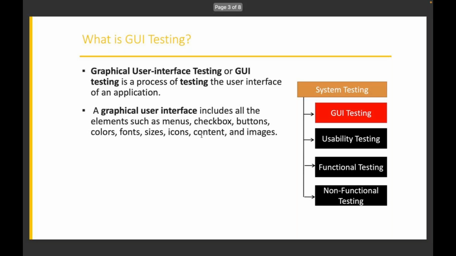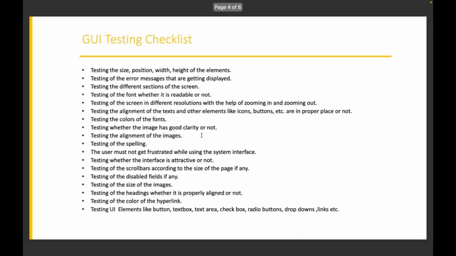GUI is the UI part, so all the checkboxes, buttons, menus, fonts will be covered in GUI, guys. The look and feel, the layout of buttons, the color combination, header, footer, menu section, and logos are all part of your GUI. Here you can see the list.